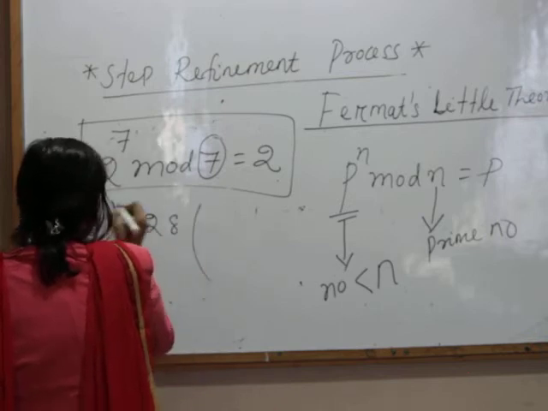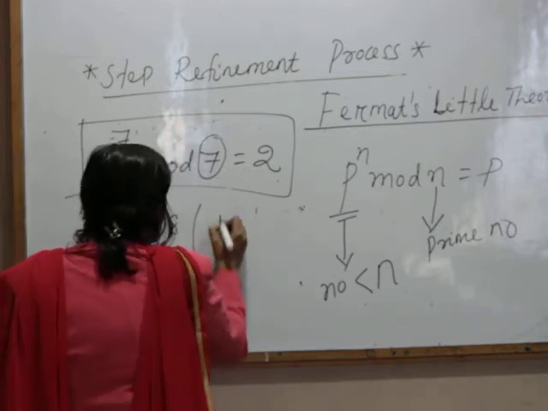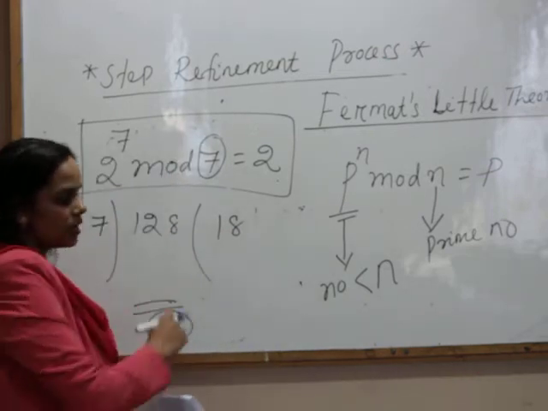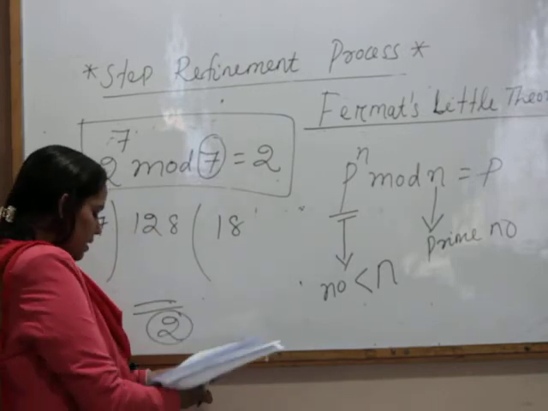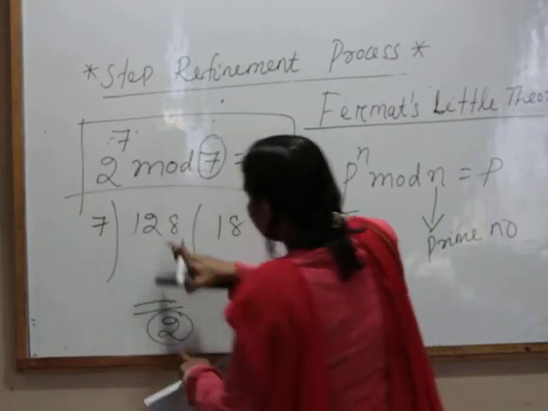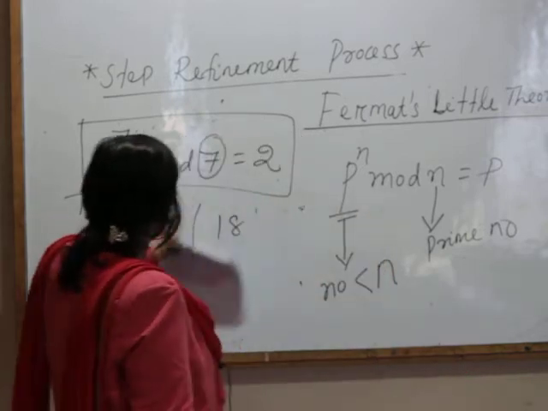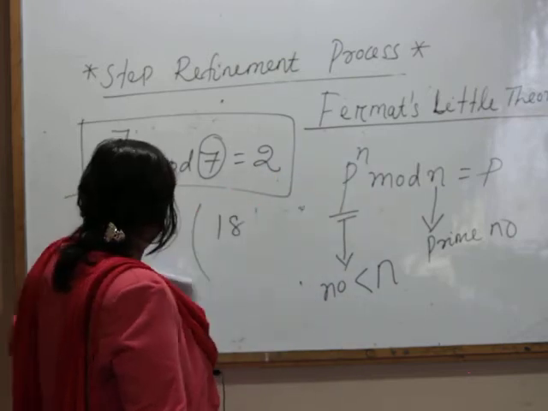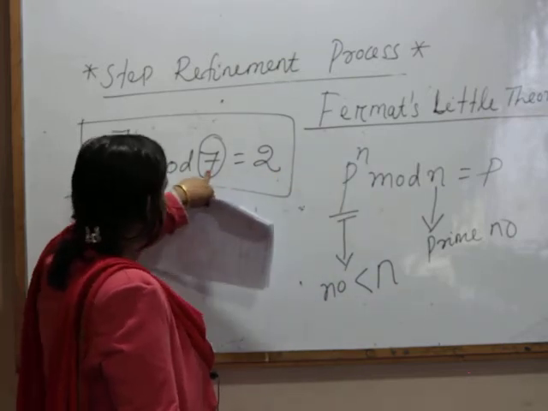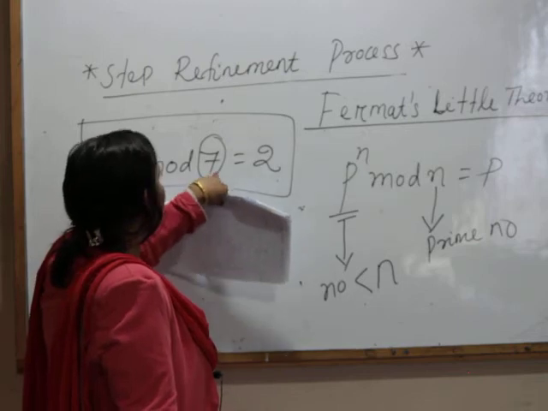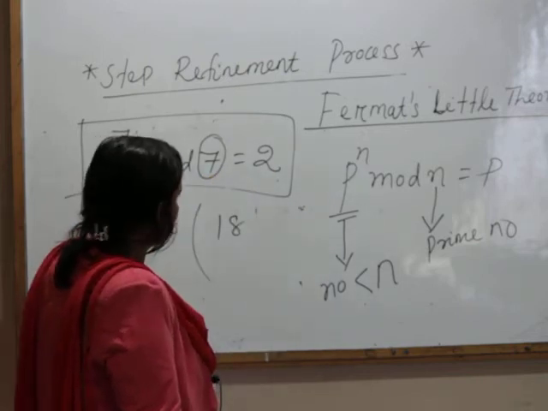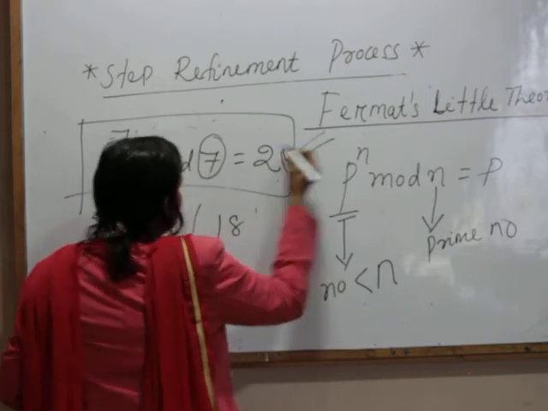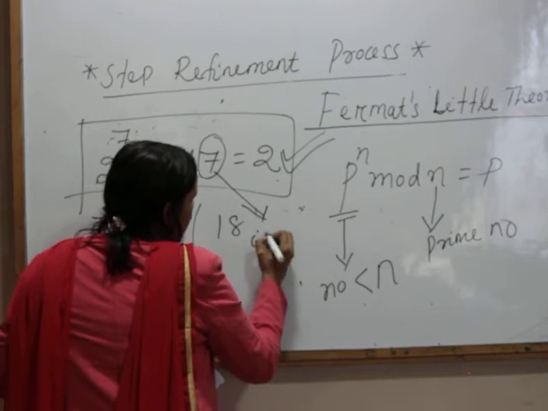You divide it by 7 and you get 18, and the remainder is 2. You know that 128 is not divisible by 7, but at the end we are getting the remainder 2. If this condition is satisfied, the number is a prime number, meaning 7 is a prime number.